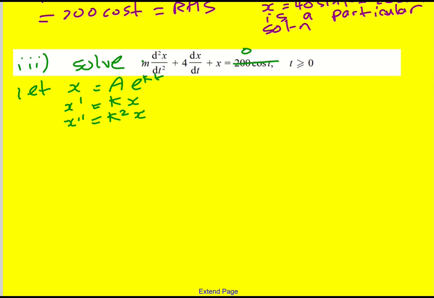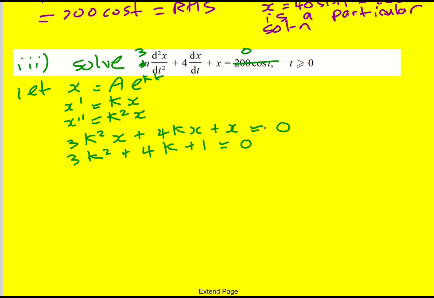So when we sub it in, remember this is a 3, we get 3 k squared x plus 4 kx plus x equals 0. We divide through by x, we get our auxiliary equation. You can go straight to this. I'm just trying to remind you where it comes from. And let's solve it. Actually, I think it factorizes. You can put it in your calculator alternatively, but this one's quite nice.